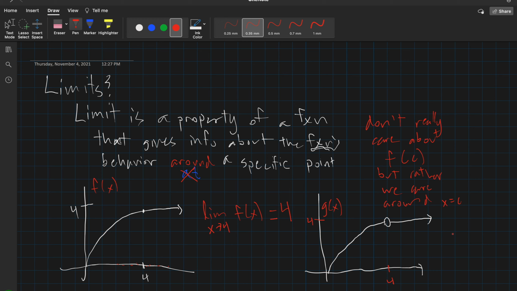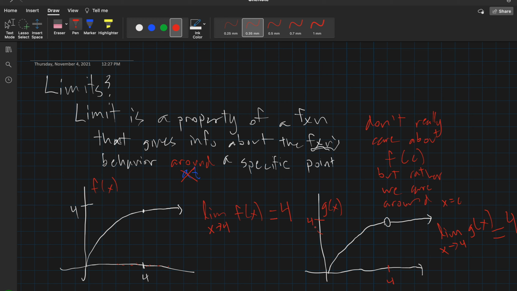So now we can ask the question, well, then what is the limit as x approaches 4 of g of x? Does it simply not exist? Well, in this case, we'd actually also still say that it's 4.